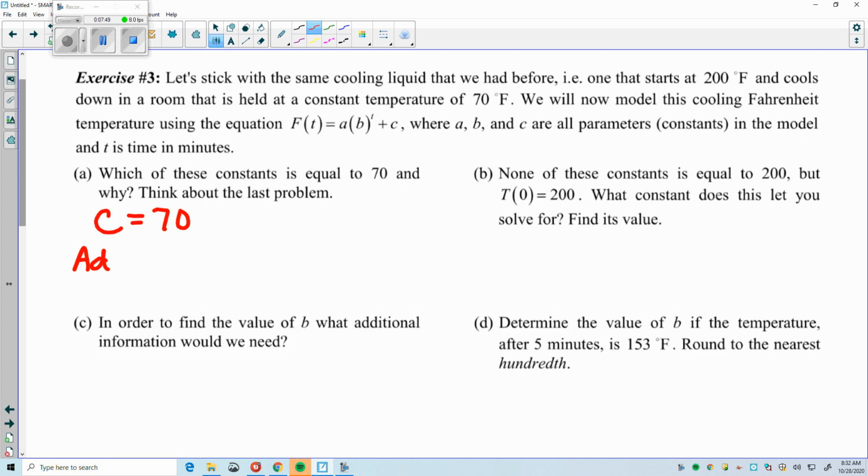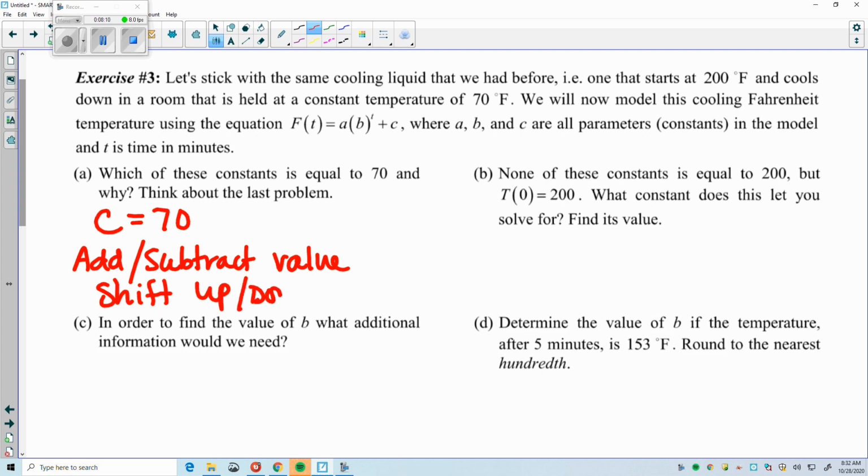So maybe I'll just say add or subtract a value. We know what's going to happen is it's going to shift up or down. Okay, so if I add, I'm going up. If I subtract, I'm going down.